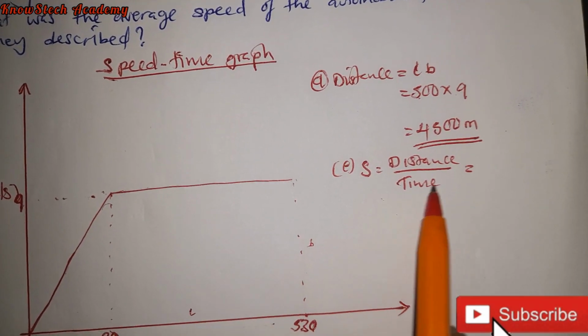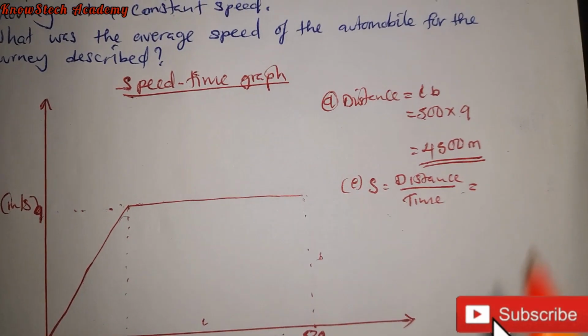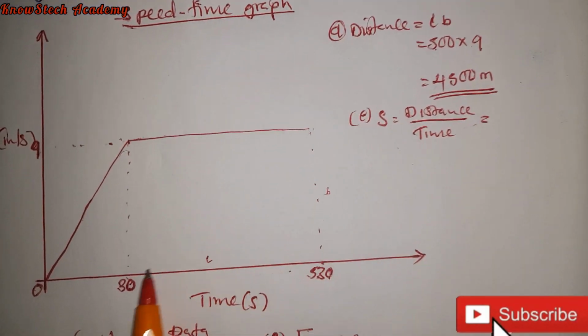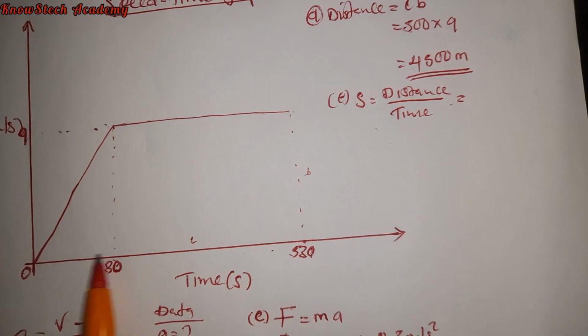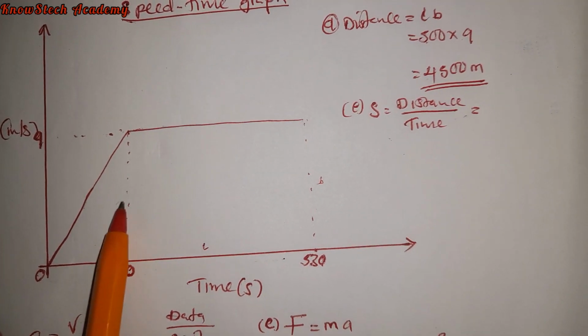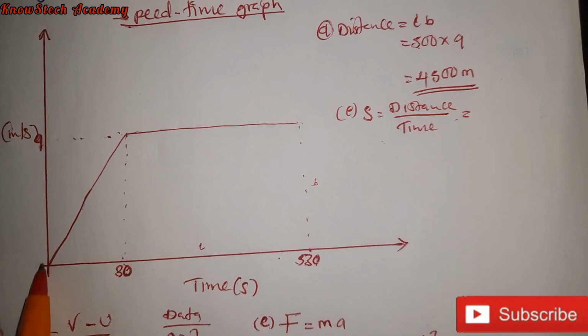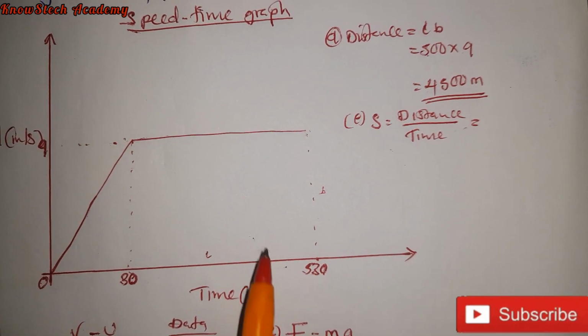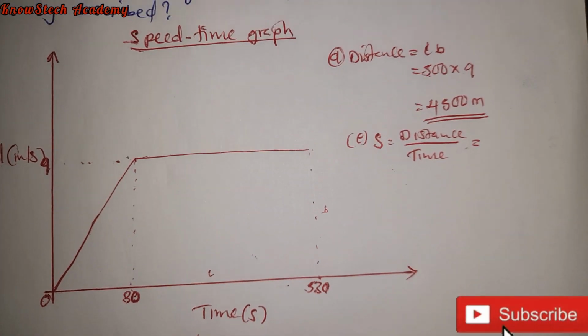Do we know the total distance covered? No. This 4,500 is the distance covered here, not for the whole journey. So let's find the distance covered in the first 30 seconds, then add it to the distance we found here.